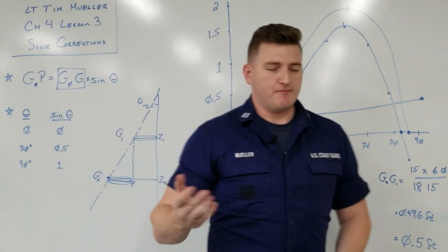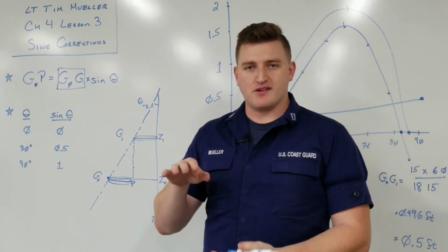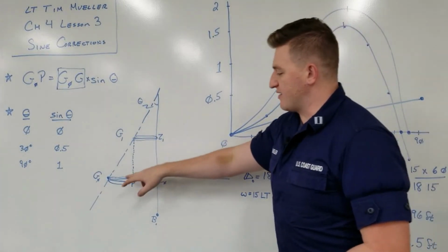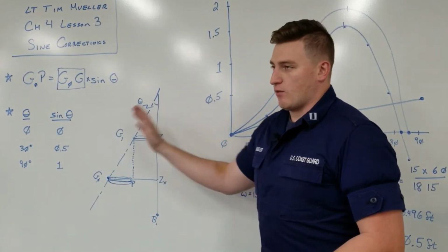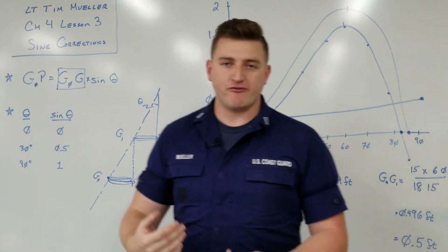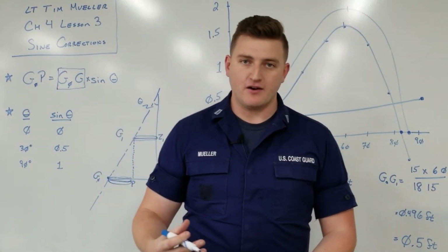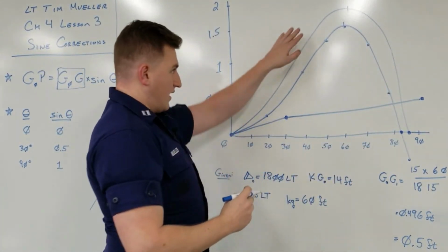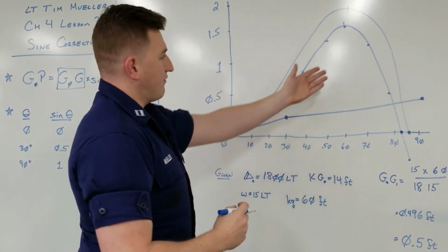We know that if we make something more top-heavy, if we decrease our GM by increasing our center of gravity, then we're always going to have these reductions in righting arm, no matter what theta we have, or what angle of inclination we're at. So we would expect that every value along our sine-corrected curve to be lower than our original curve of statical stability. And we see that right here.